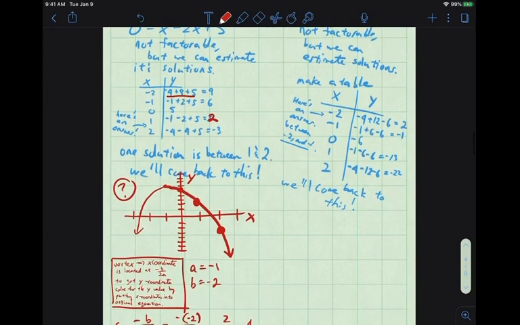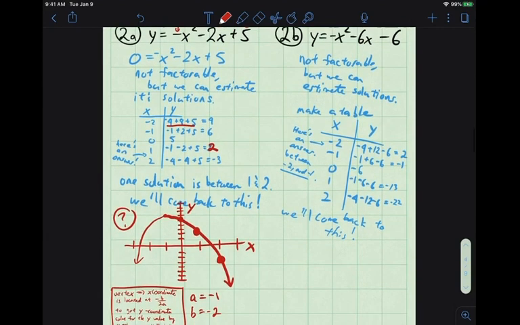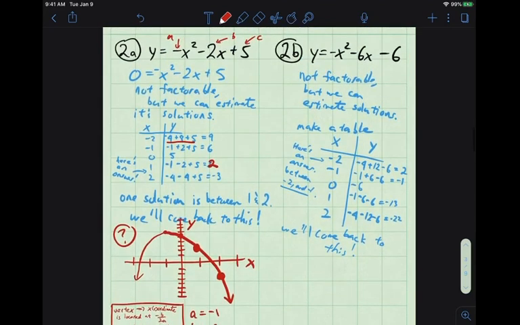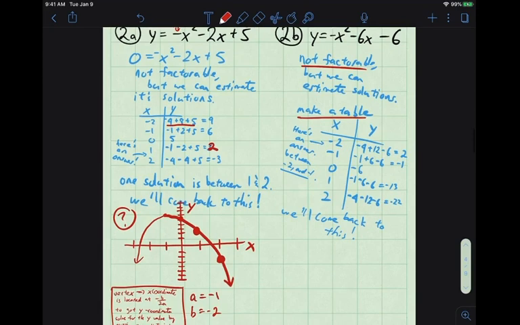So we caught something went wrong here. For 2b, we'll go through a similar process. Our goal is to graph these, and because they're not factorable, we have to use the vertex to help us out. And our table from this part helps us figure out where to expect the x-intercept to be. So solving for the vertex, we'll use this neat formula. That's also the axis of symmetry.